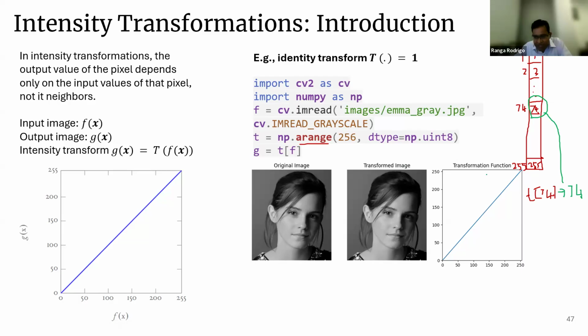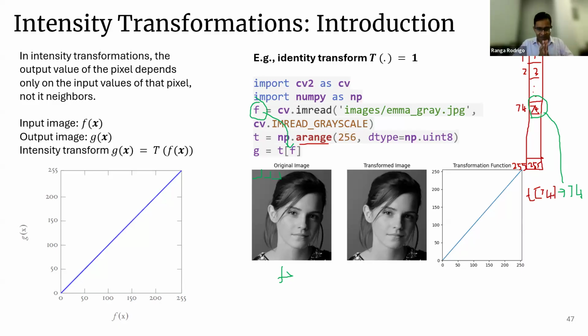Now, rather than using a specific number, if I give the image itself, you can see this is the input image, this is my F. If I give the full image itself, it will spit out numbers equal to the total number of pixels. For each pixel, it will spit out a value by looking at the contents of that location.